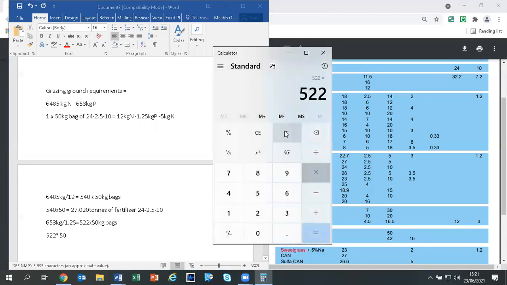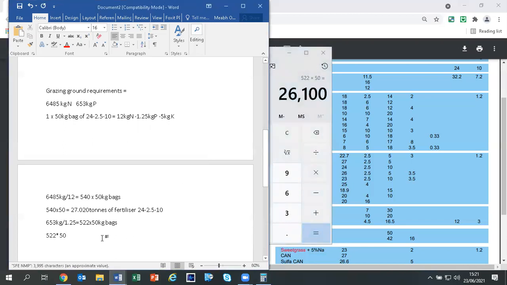So that 522 times 50 gives us 26.1 tons of fertilizer in the form of 24 2.5 10, instead of this, if that makes sense. Now I know that this is a lot to follow, but once you get the first one done, the rest of them will be a lot more straightforward after that, and we will do another example after this.